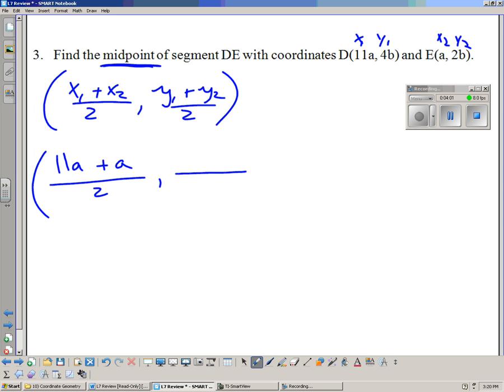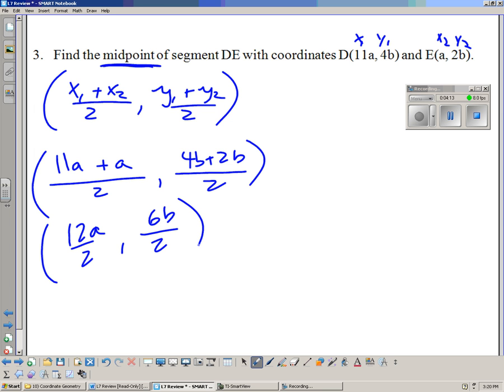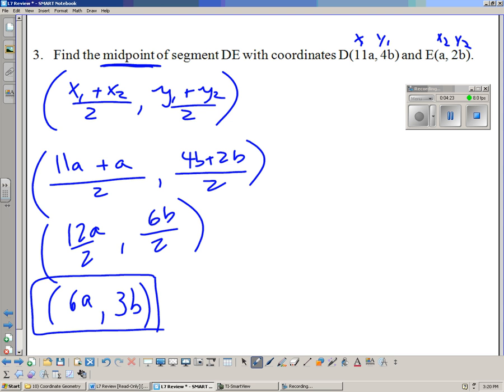And then my y1 and my y2 are 4b plus 2b over 2. Now 11a plus a is 12a. You're adding like terms. This is where people freaked out today. 4b plus 2b is 6b. And now 12a divided by 2 is just 6a. 6b divided by 2 is 3b. And there's our point, 6a comma 3b. You have to have the letters in there. And also remember, a plus a is not a squared. You're adding your like terms, so you're keeping your variables.